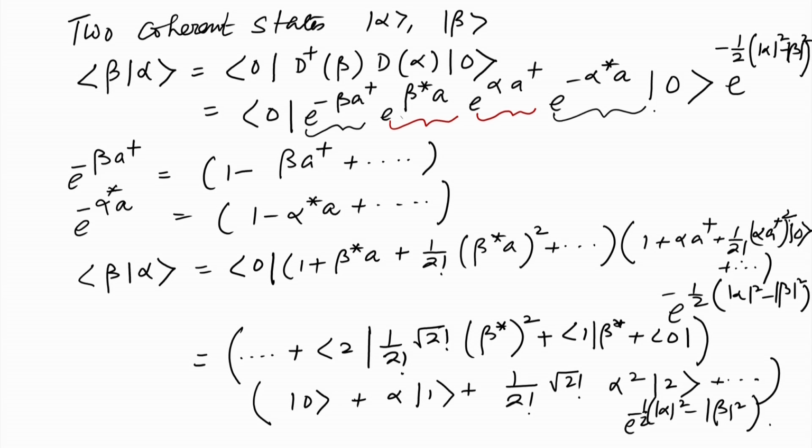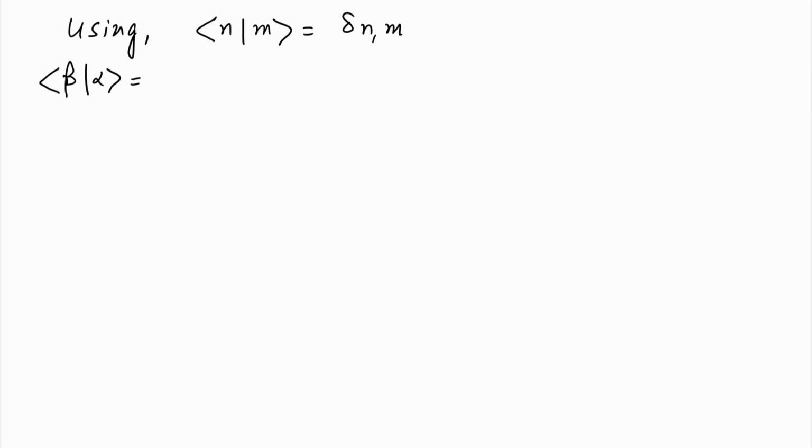So, that is what comes out of this inner product of two coherent states, and just to remind you that we are trying to find out whether two coherent states are orthogonal or they form a complete set of states. And so, if you use the orthogonality of the Fock basis, that is this equal to delta n m, then your beta alpha becomes equal to exponential minus half.